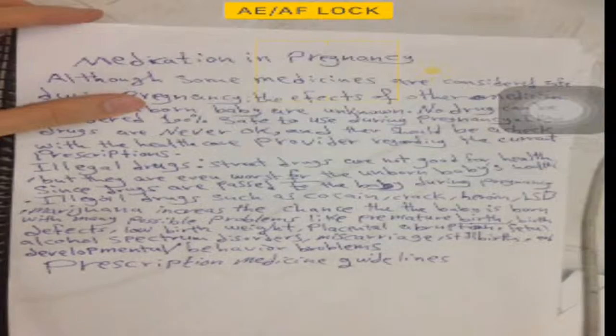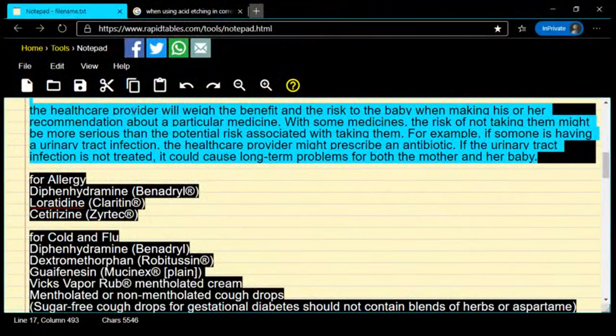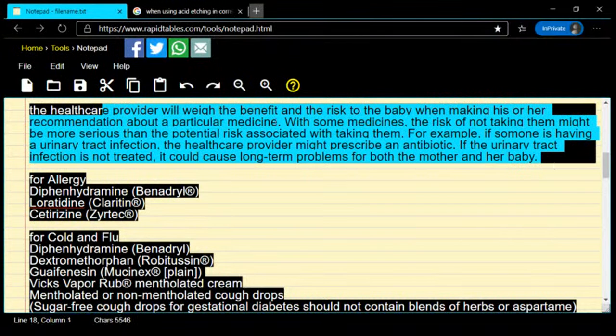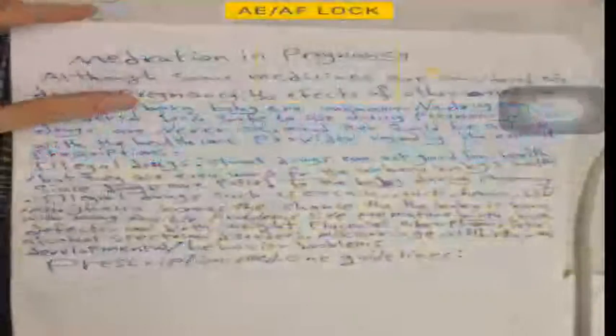The healthcare provider will weigh the benefits and the risks. Let's start writing this.